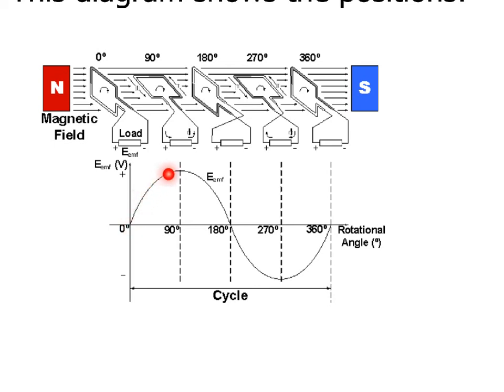So the maximum current flow, either in the positive direction or the negative direction, occurs when the loop is horizontal in the magnetic field. Zero current occurs when the loop is vertical in the magnetic field. Okay? That is the key idea in terms of alternating current generators. That's what you need to know about them.